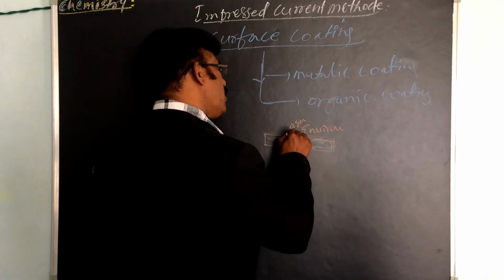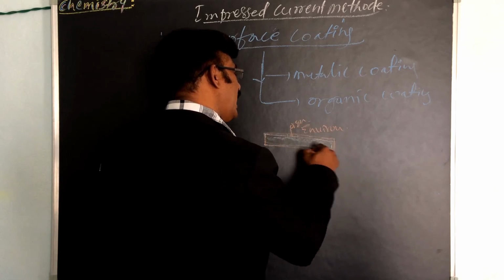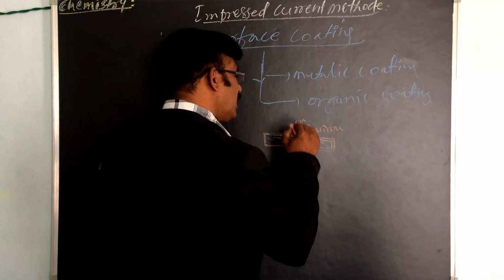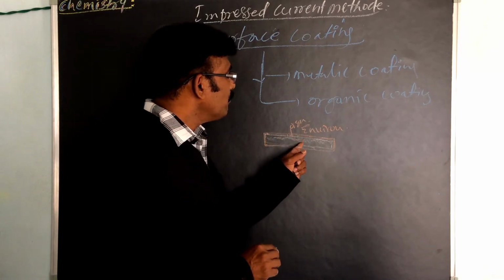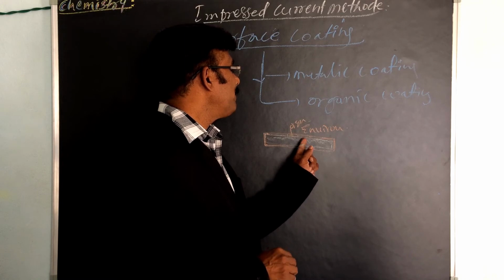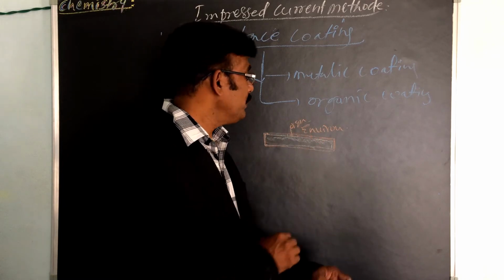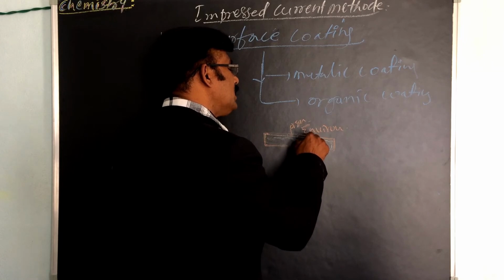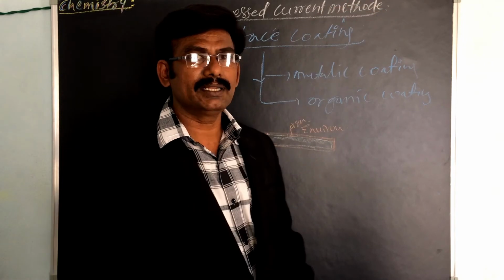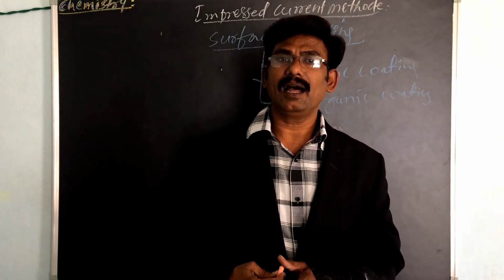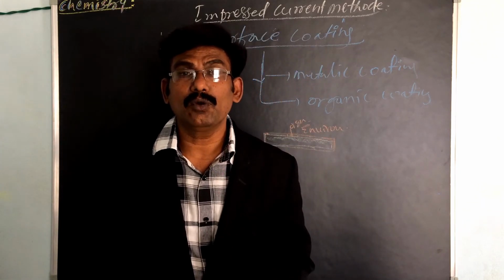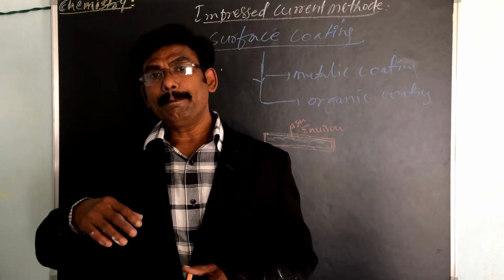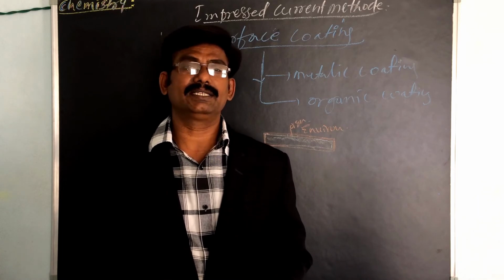The paint acts to prevent the corrosion, meaning the metal never comes in contact with the environment, because the organic paint is present between the metal and the environment. So the coating must prevent the penetration of the environment.